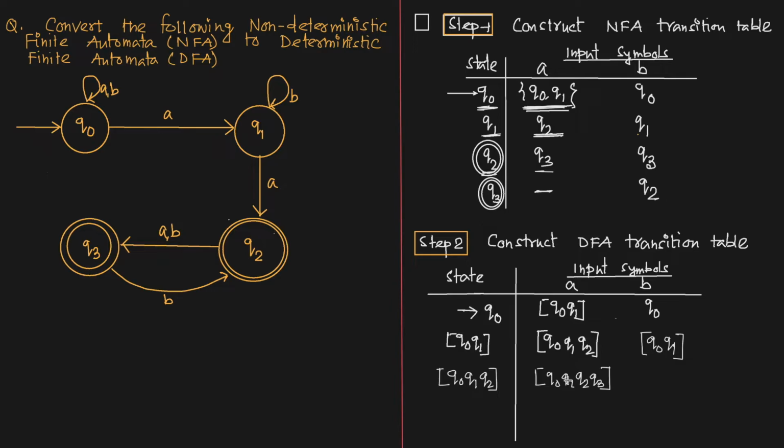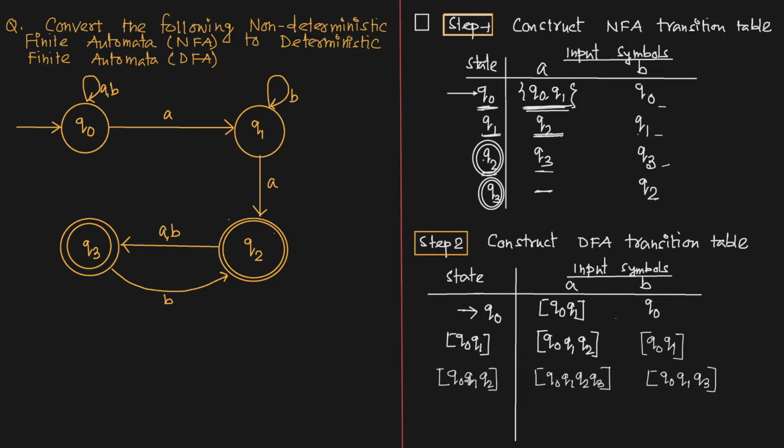Now Q0, Q1, Q2 on B. Taking the union, it will be Q0, Q1, Q3. Clear?